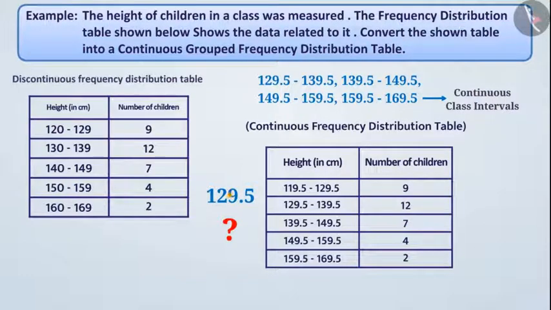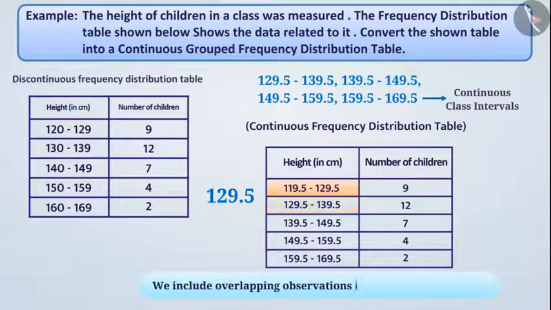Absolutely right. 129.5 is overlapping between the class intervals 119.5 to 129.5 and 129.5 to 139.5. And we include overlapping observations in higher class intervals.